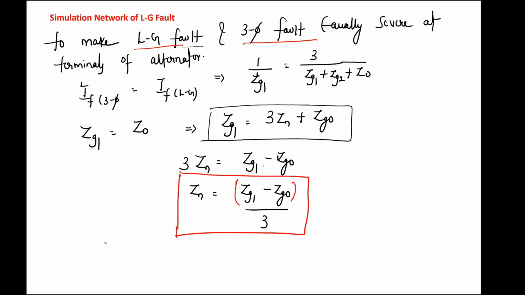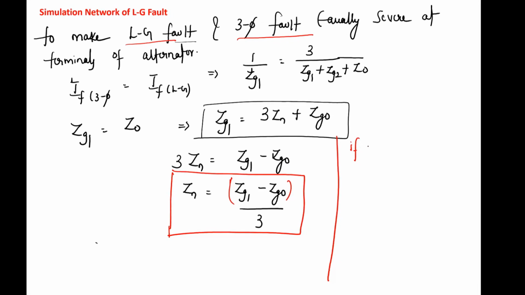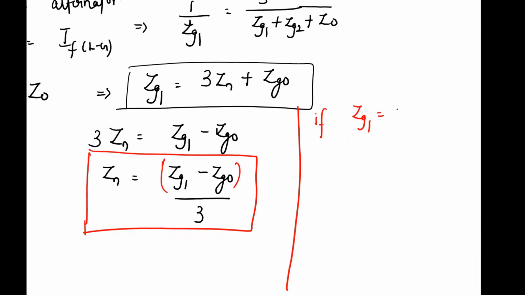So the moral is, if ZG1 equals 3Zn plus ZG0, then IF LG is equal to IF 3-phase.